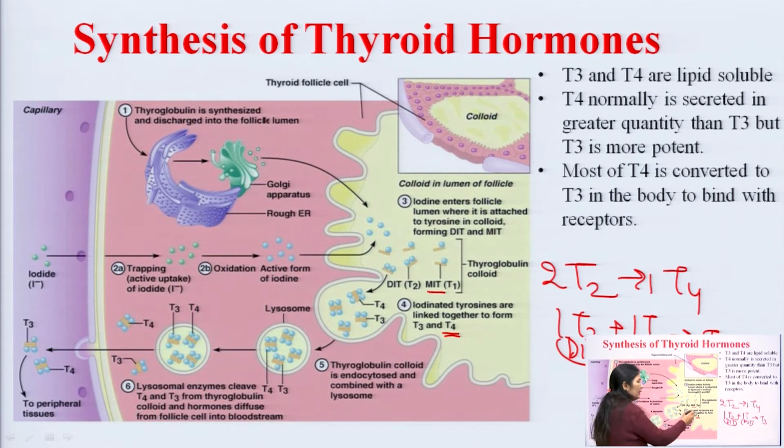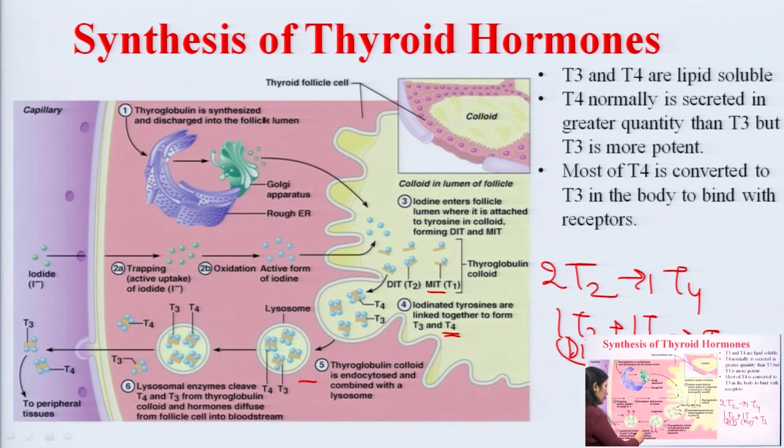So, iodinated tyrosines are linked together to form T3 and T4. Now, this T3 and T4 thyroglobulin colloid, by pinocytosis, will enter again into the cytoplasm, and there it will combine with the lysosomes, and lysosomal degradation of the thyroglobulin will occur, and T3 and T4 will be released.